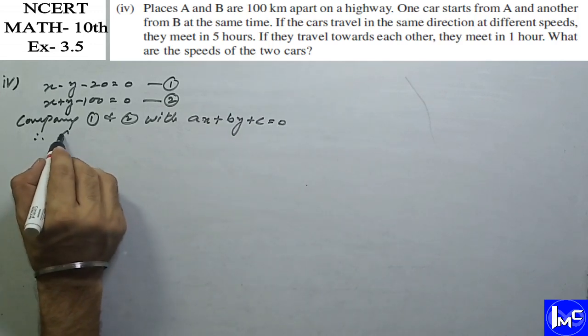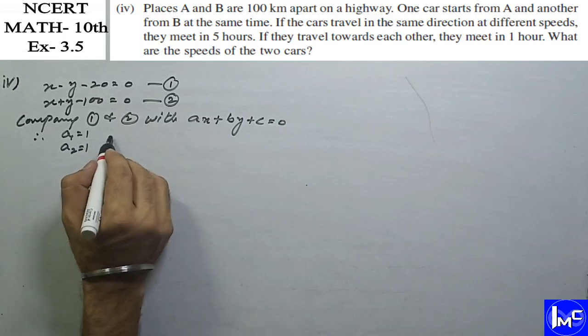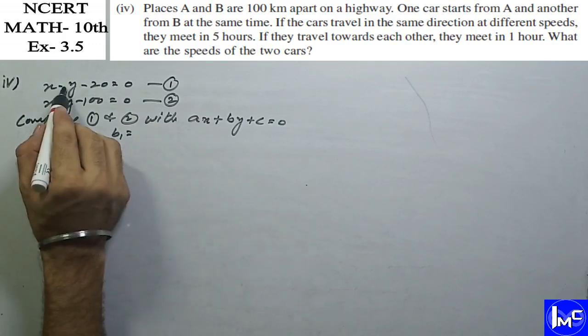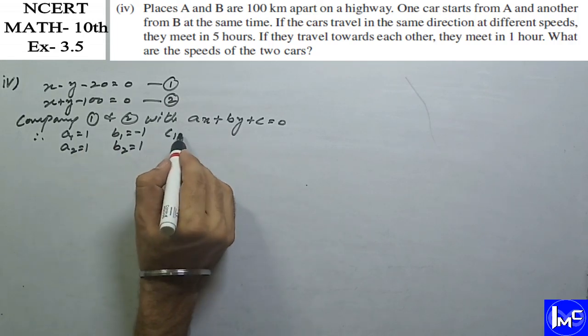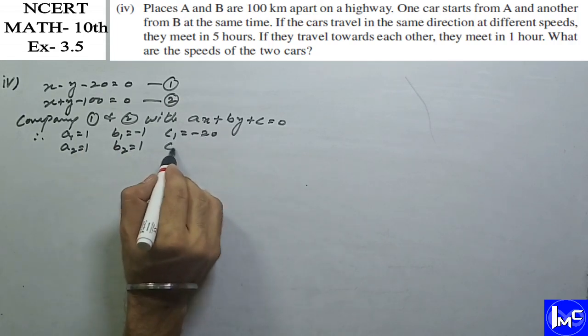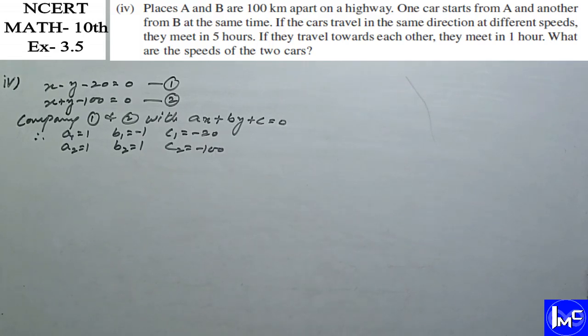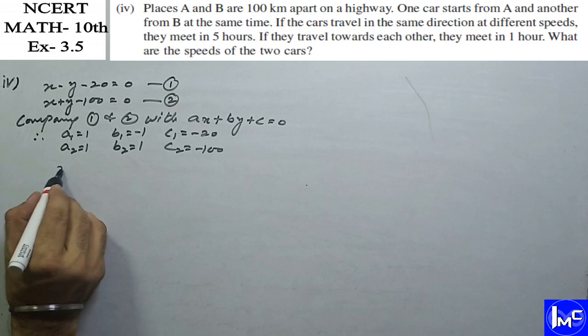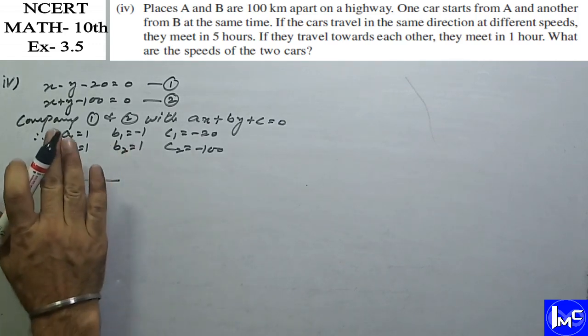It will be a1 is equal to 1, a2 is equal to 1, b1 is equal to -1, b2 is equal to 1, c1 is equal to -20, and c2 is equal to -100. And now we will take x over.